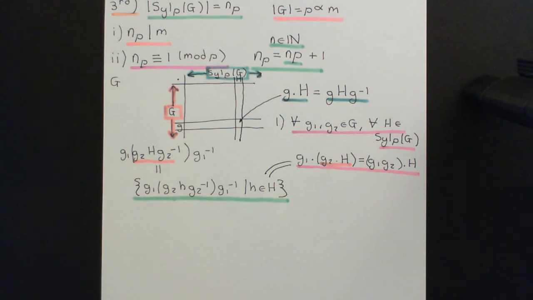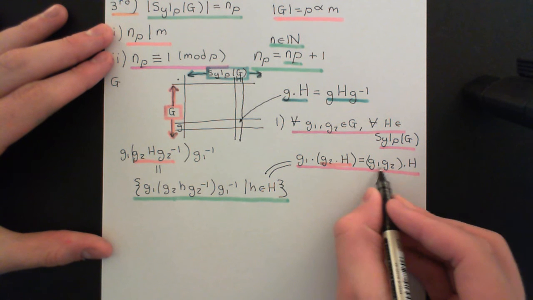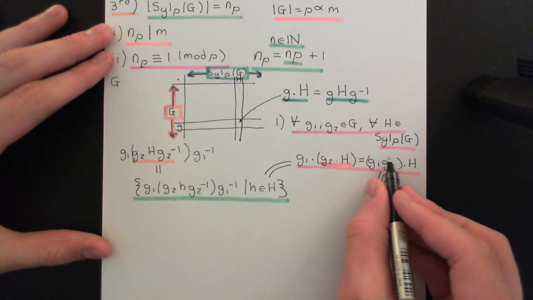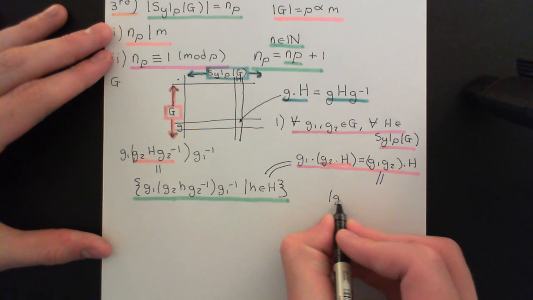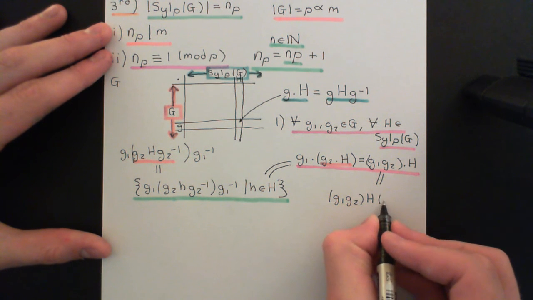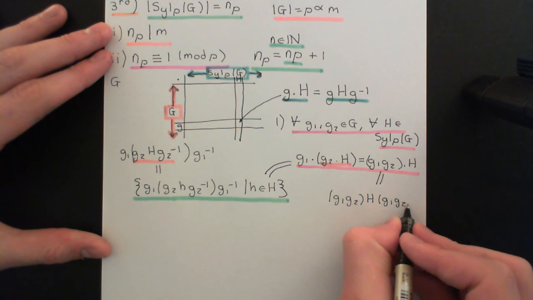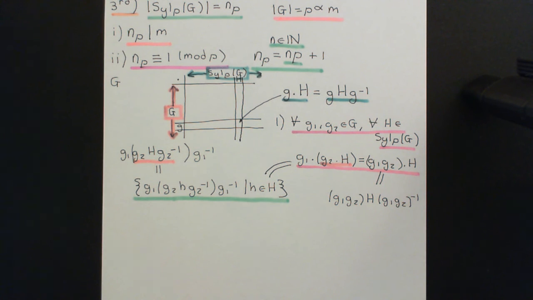Okay, now let's consider the right-hand side. So here we'll just have the element of the group G1 composed with G2, and we'll be acting that on H. So what we'll want to do is conjugate this subgroup capital H by the element G1 composed with G2. Okay, and we'll end up with G1 composed with G2, H, G1 composed with G2's inverse.